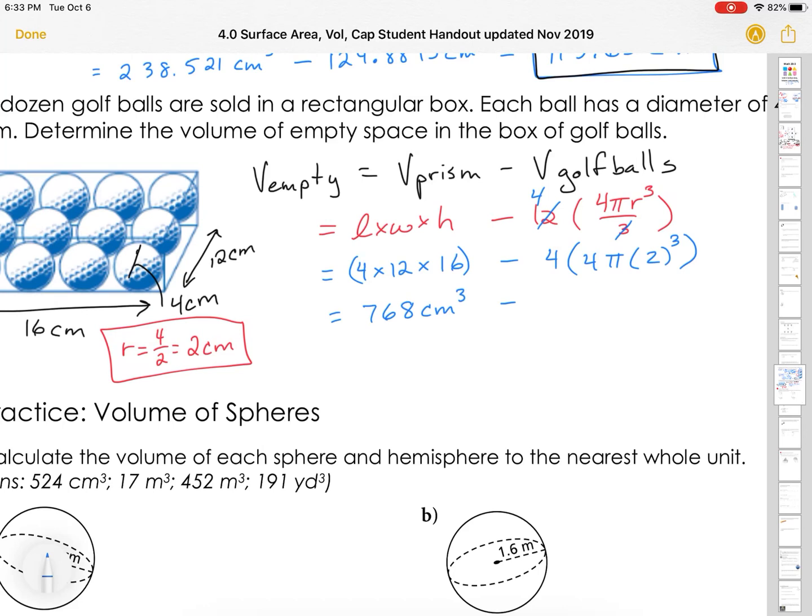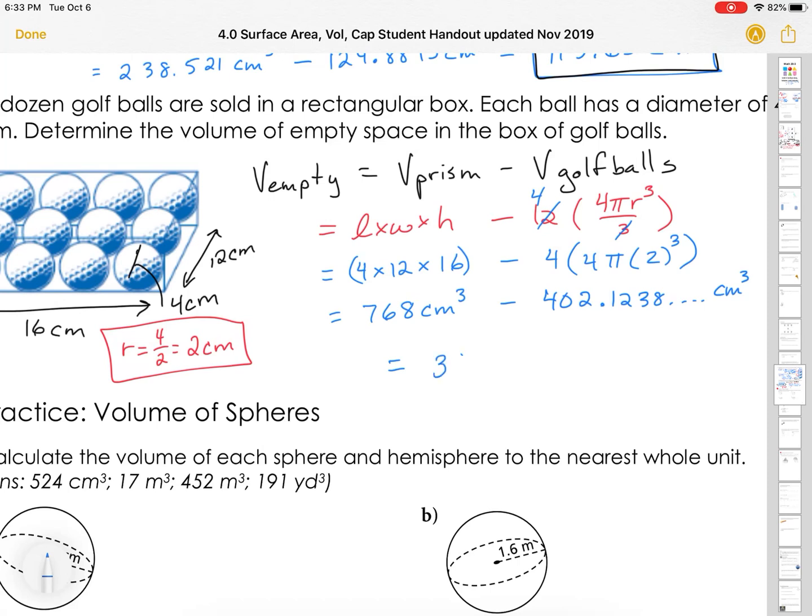And then 4 times 4 times 2 cubed is 402.1238 centimeters cubed. Now we can do this one to the nearest hundredths.